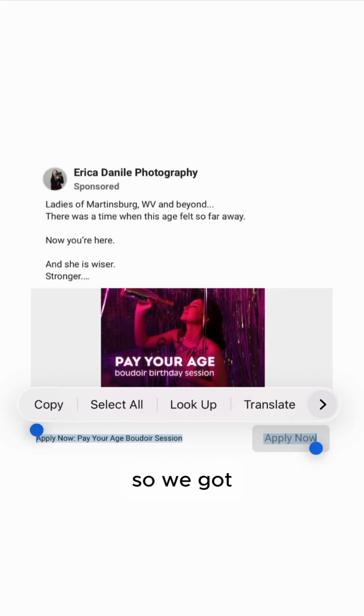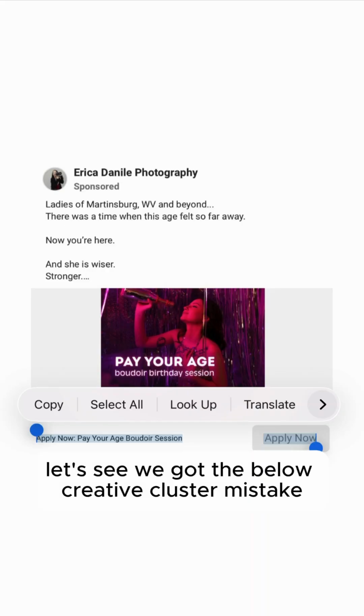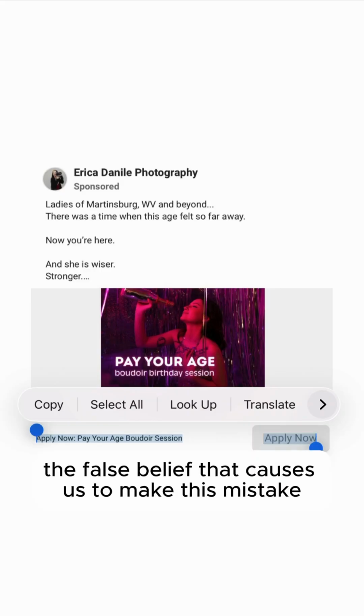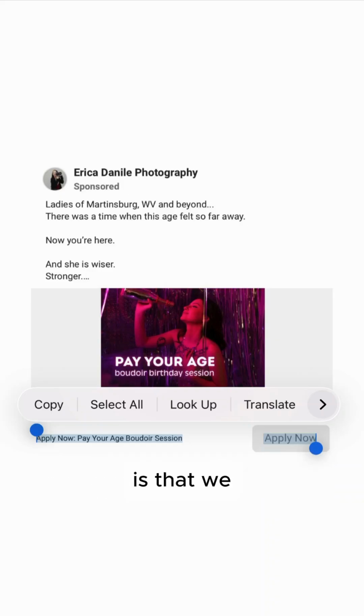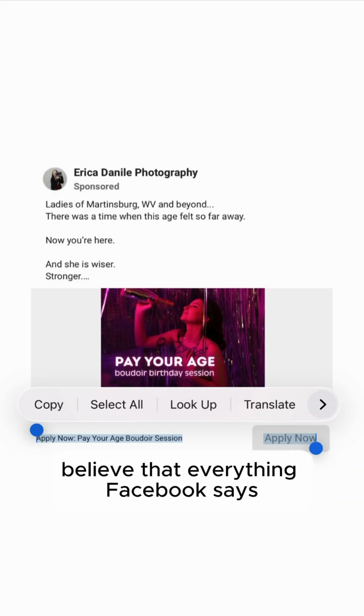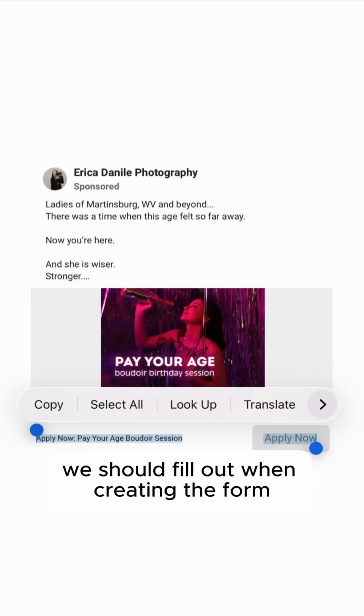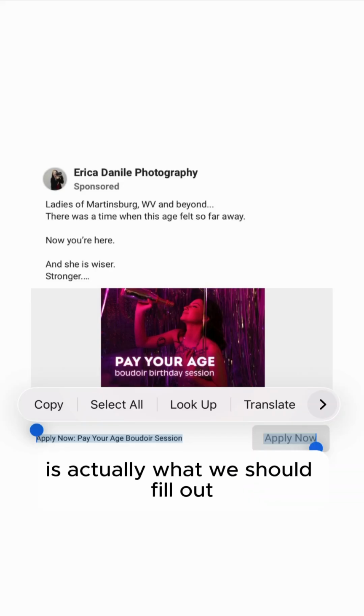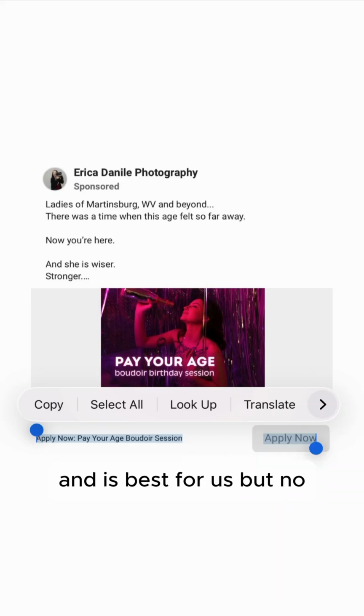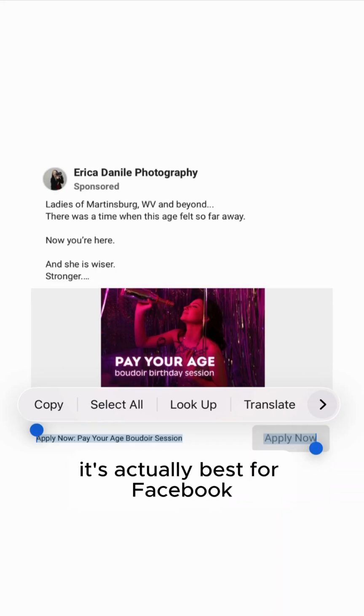So we got, let's see, the below creative cluster mistake. The false belief that caused us to make this mistake is that we believe that everything Facebook says we should fill out when creating the form or when creating the ad is actually what we should fill out and is best for us. But no, it's actually best for Facebook.